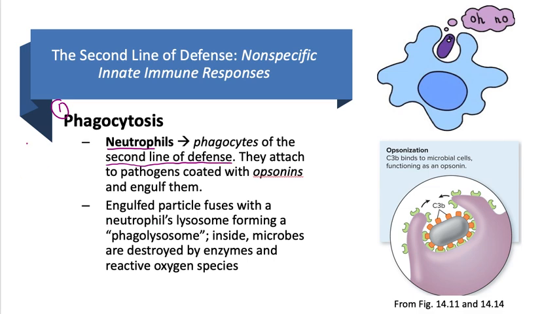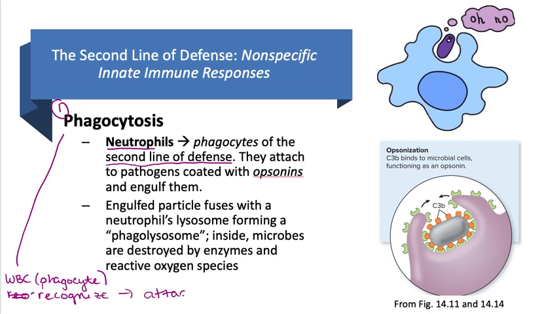So let's define what phagocytosis is. Phagocytosis is when a white blood cell, or a phagocyte, because remember, not all white blood cells are phagocytes, will recognize a bacterium, it'll attach to the microbe, after it attaches to the microbe, it'll then ingest the microbe through phagocytosis, or it'll engulf it.